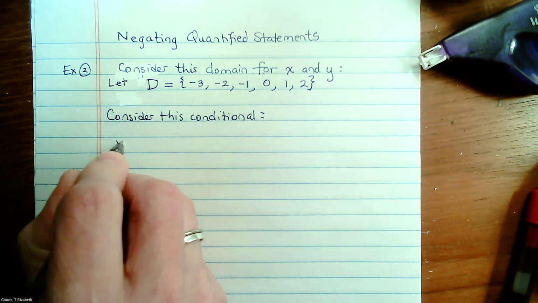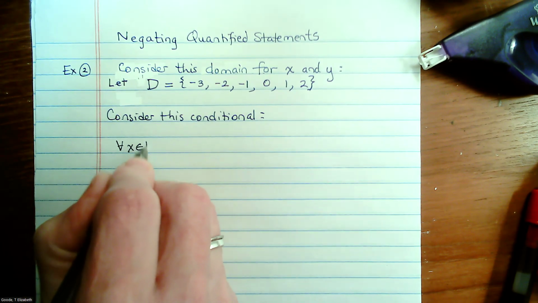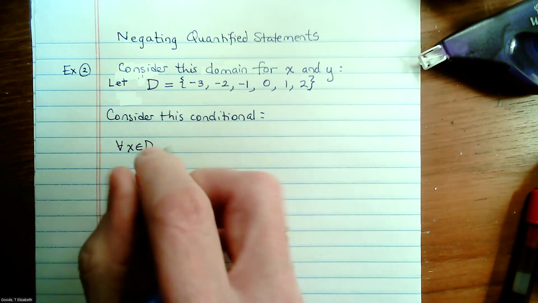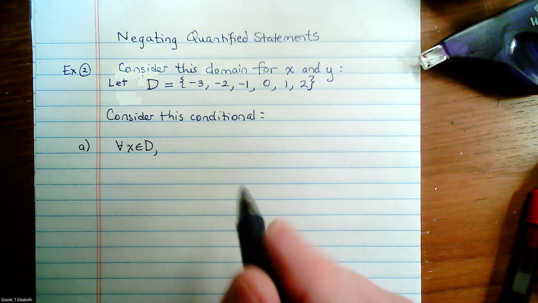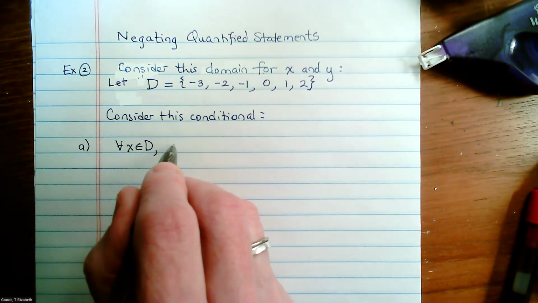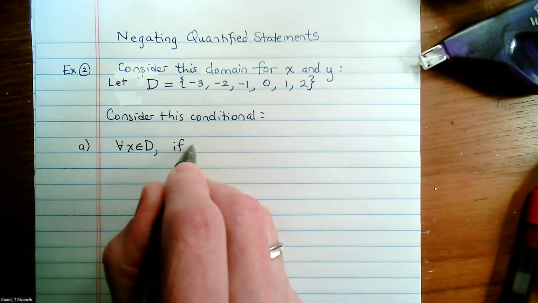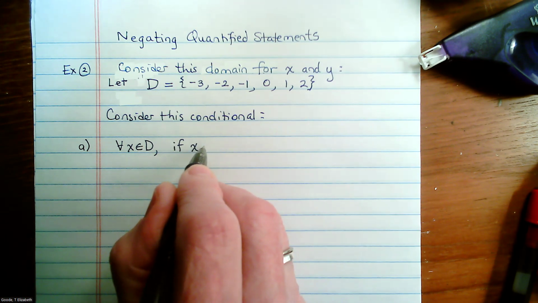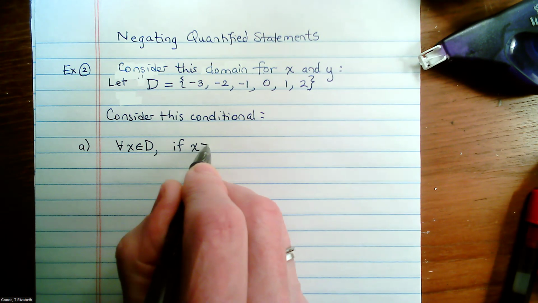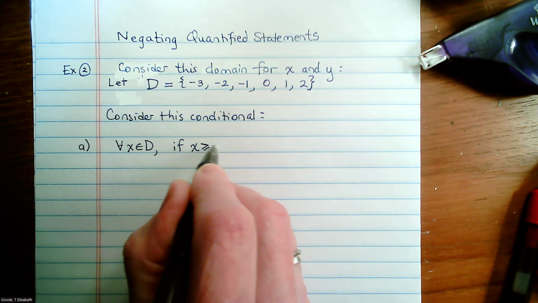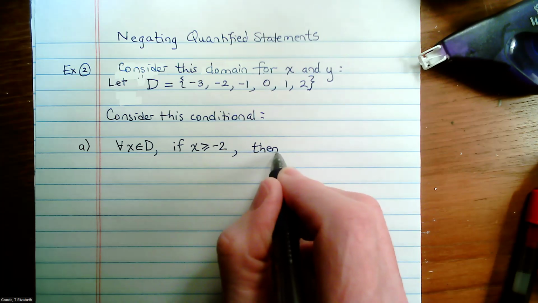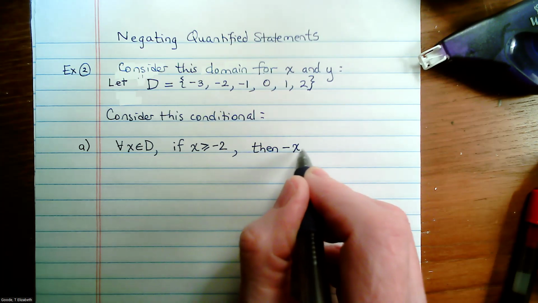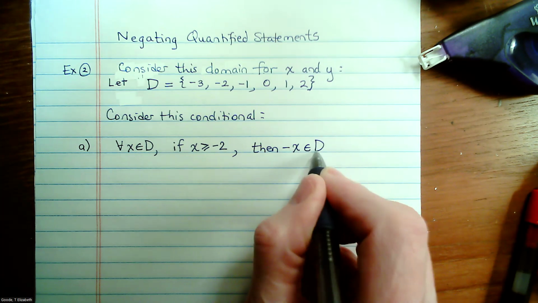So for all X in D, let this be A: if X is greater than or equal to -2, then negative X is in D.